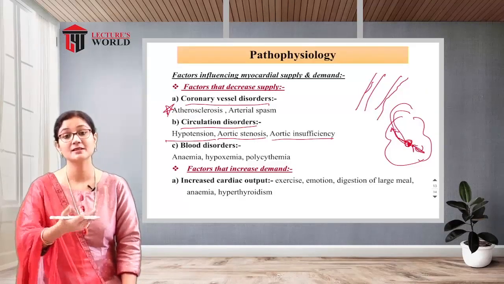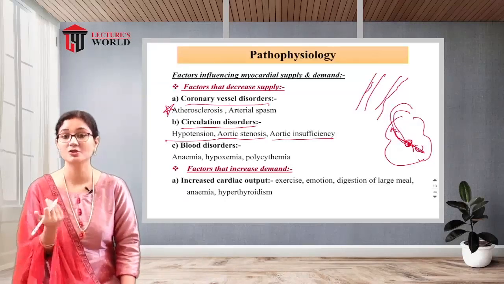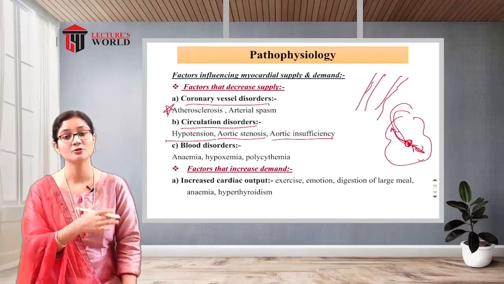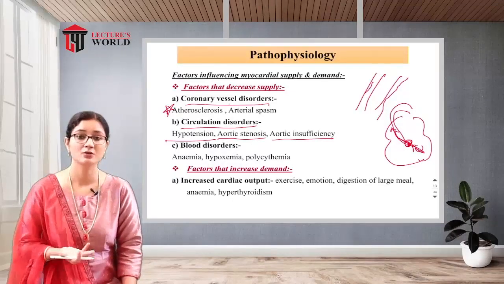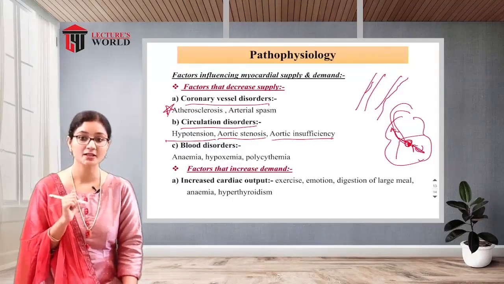We say it as backflow of blood. Now, because of backflow of blood, what will happen? There won't be adequate blood supply to the whole part of the body and our myocardium also. As we have seen, the two branches are starting from the aorta itself, right?